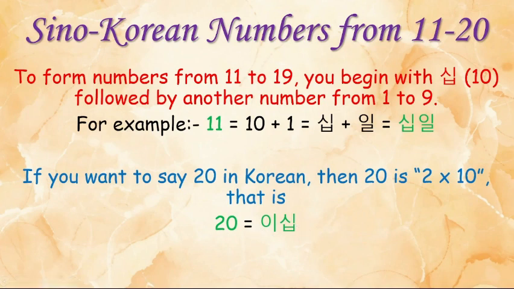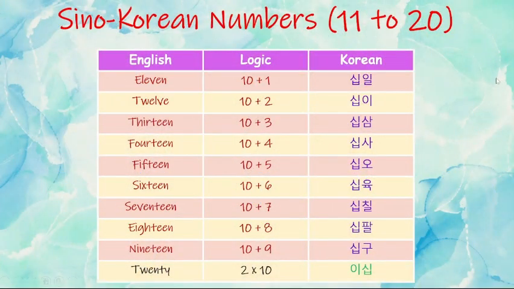Okay, now let's see all the numbers from 11 to 20. 11, as I said earlier, is a combination of 10 and 1. So it is shib il. Similarly, 12 will be shib E. 13, shib sam. 14, shib sa. 15, shib o. 16, shib nyuk. 17, shib chil. 18, shib pal. 19, shib ku.